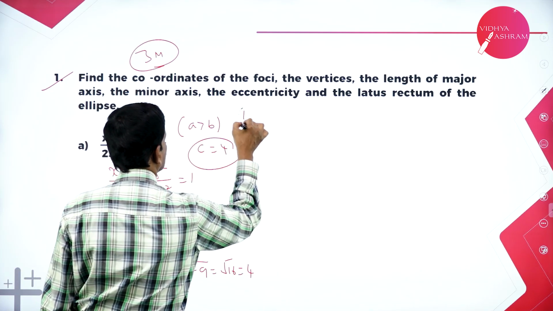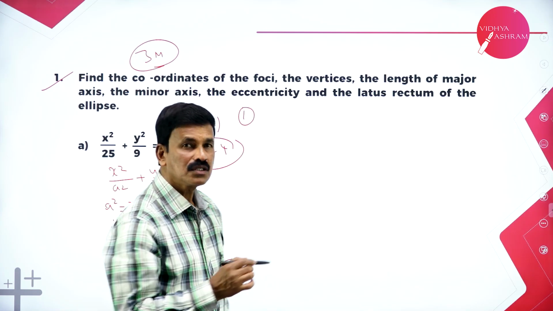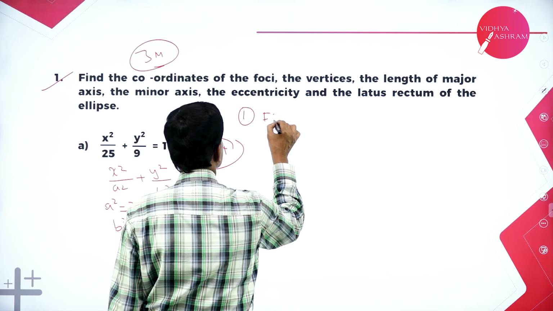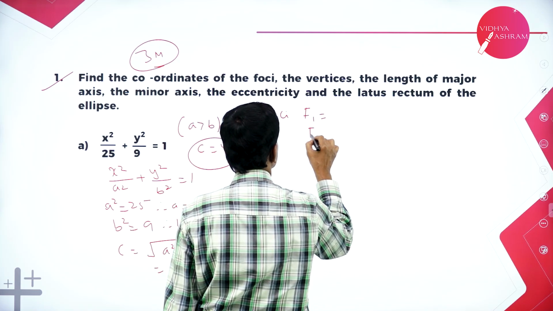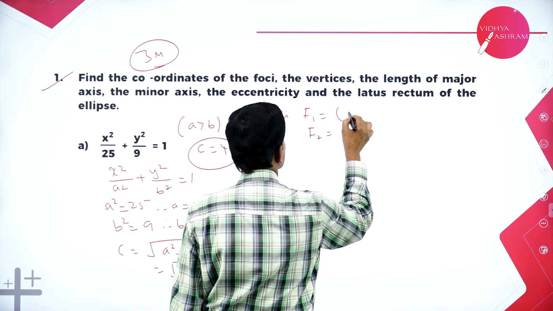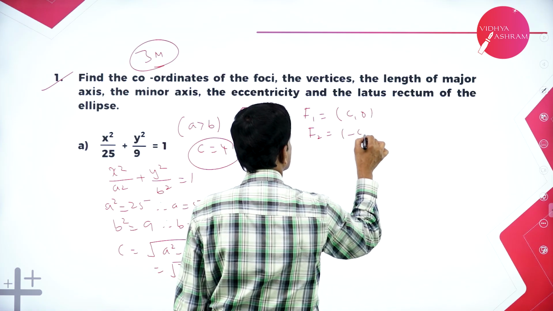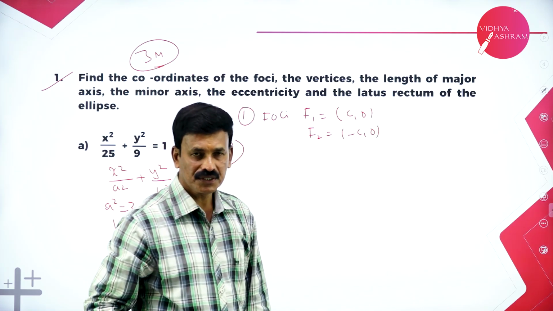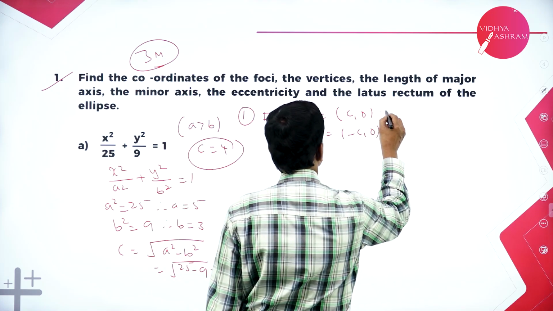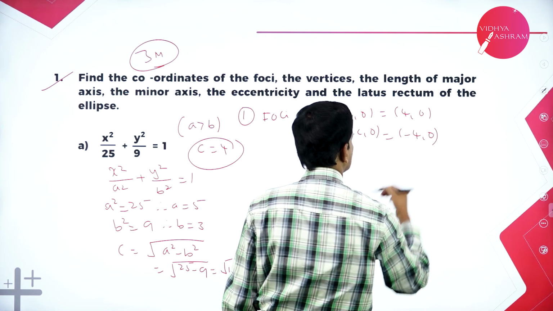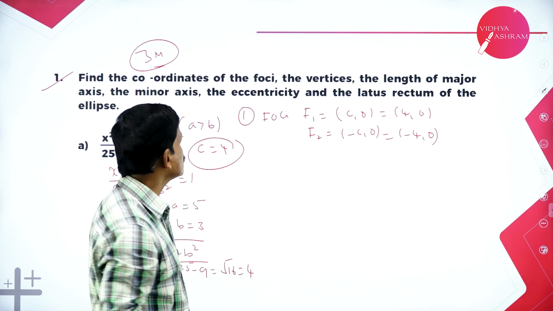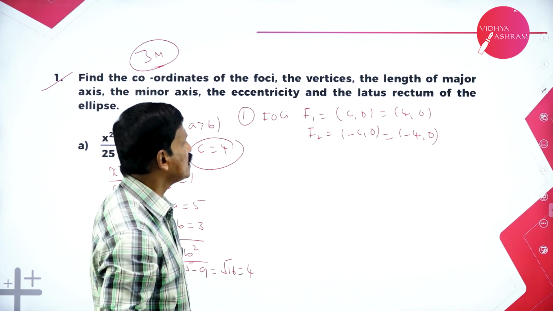The coordinates of the foci F1 and F2 are c, 0 and minus c, 0. So that is 4, 0 and minus 4, 0. These are the coordinates of the foci.